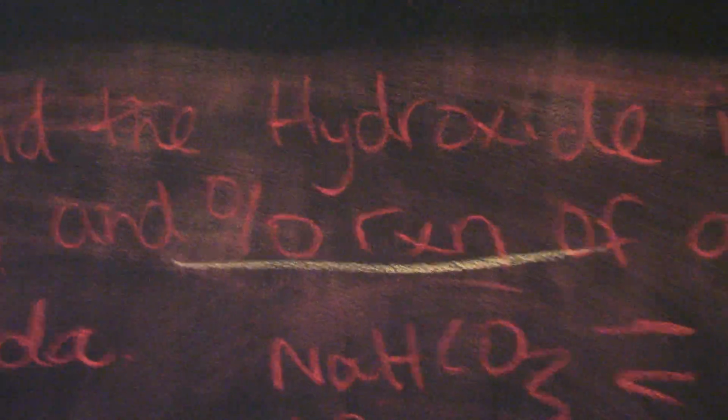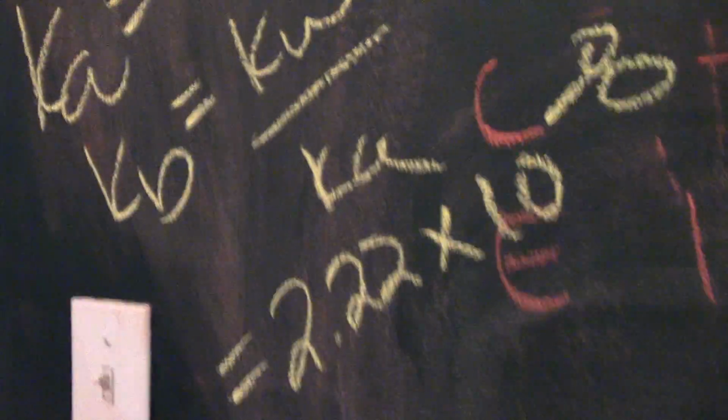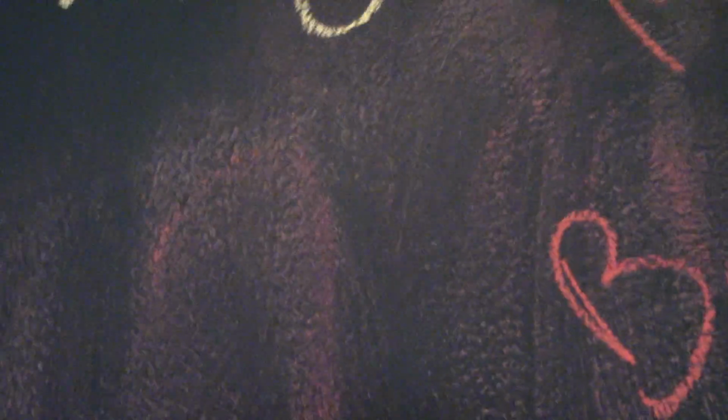So pH, pOH, and now I need to solve for percent reaction. Percent reaction equals the concentration of hydroxide over the concentration of the weak base times 100%.